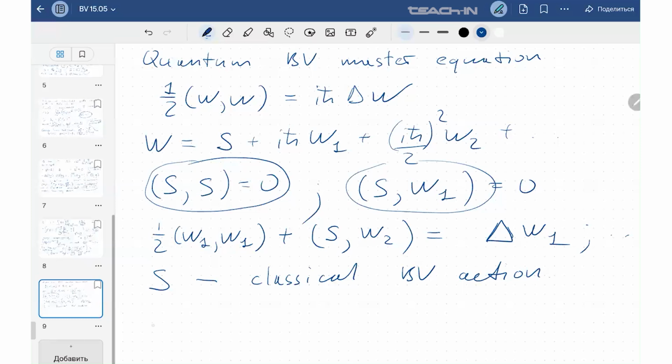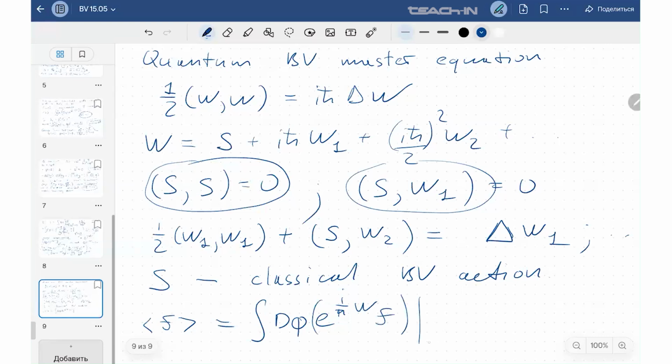What we really want is to evaluate something like, for instance, this, which is going to be, now we write it like this, F times exponential of I over h bar W. And this we integrate over the Lagrangian surface, phi star equals d phi. So what we really want is that this integral is gauge independent. We apply the same logic.